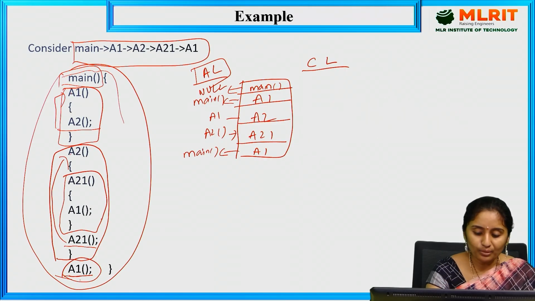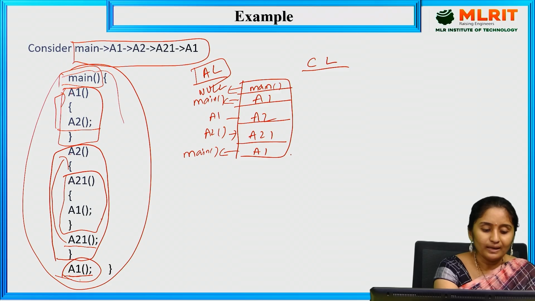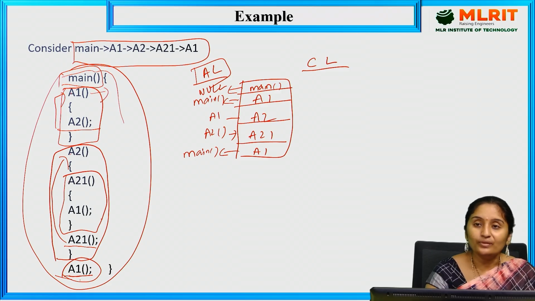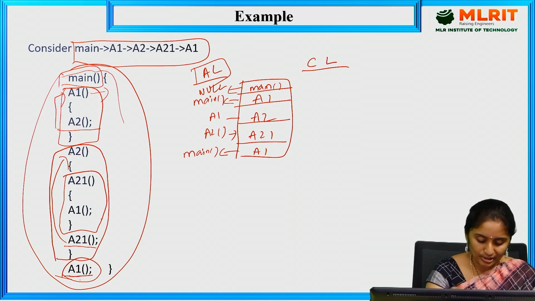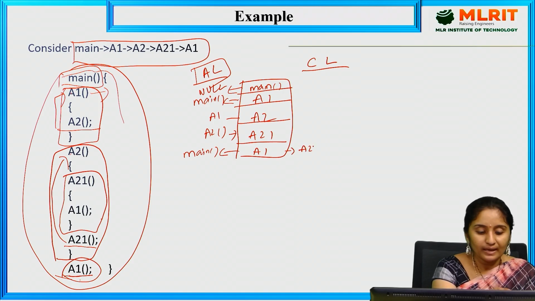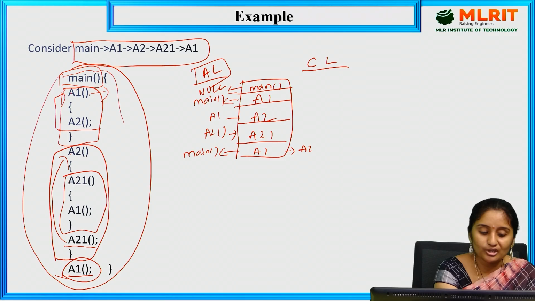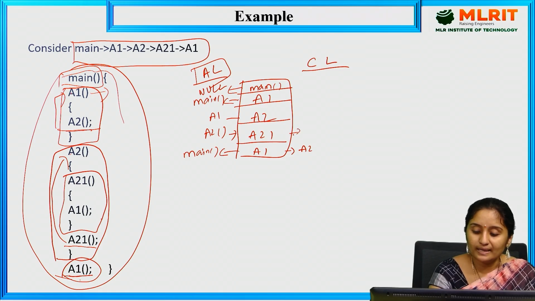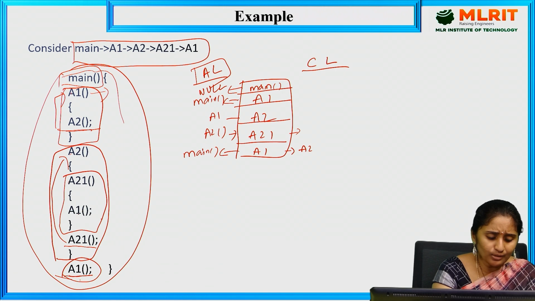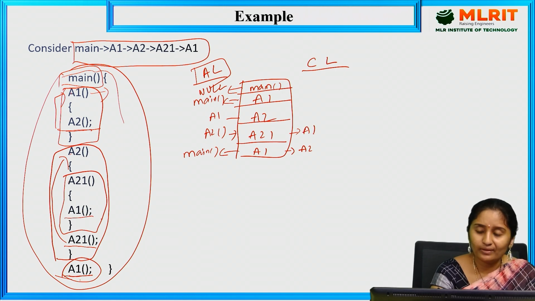In the control link, we have A1. In the A1 definition, which function call do we have? It is A2. In the A1 definition, A2 is the function call I have called. The next one is A21. In A21, I have an A1 function call.